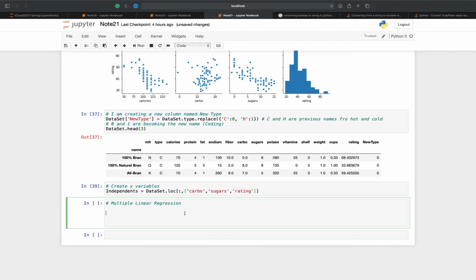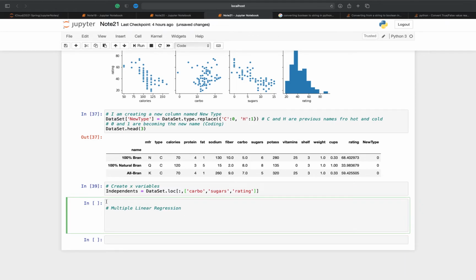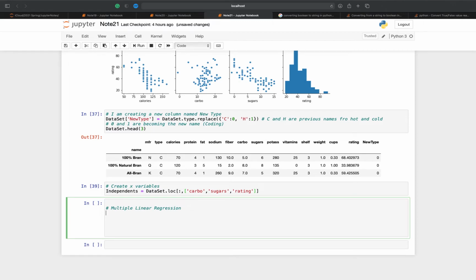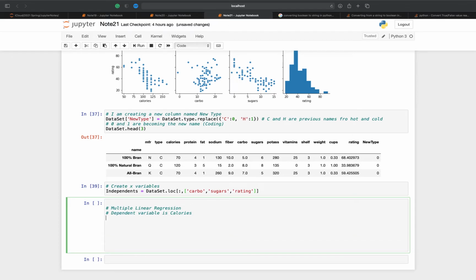And then my dependent variable is calorie. So I want to see what's the effect of those independent variables on this dependent variable.